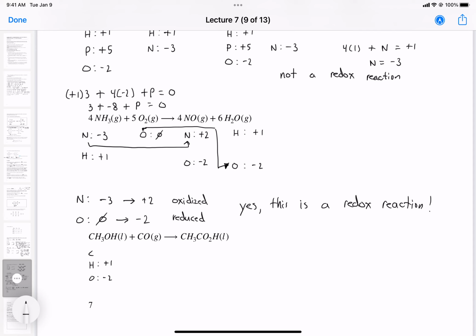Now, if we add those numbers up, we get 4 times +1 plus -2, now plus carbon equals 0. So carbon should be -2, right? Because 4 plus -2 is +2. So, sorry, not -2, +2. So to get back to 0, carbon should be -2.